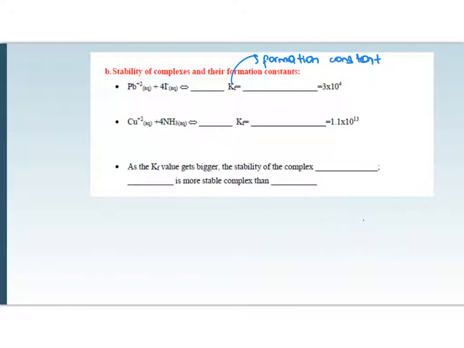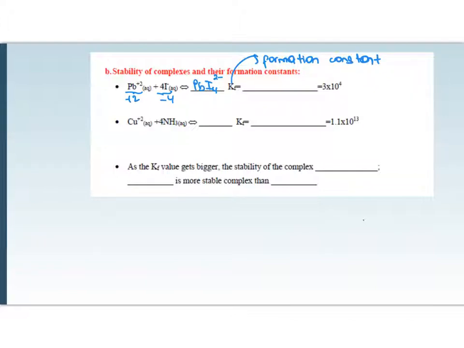For example, first one, you have 1 lead 2 plus here and 4 iodine. So this means that your complex contains 4 iodine atoms with a charge of 2 minus here. Why 2 minus? You have minus 4 coming from here and 2 plus coming from here. When you sum them up, you're going to end up with 2 minus.